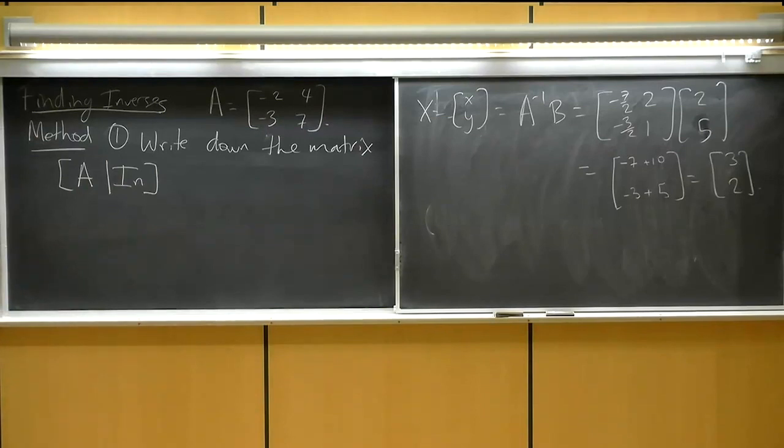So what I mean by this is I just write -2, 4, -3, 7 with a line, and then 1, 0, 0, 1.